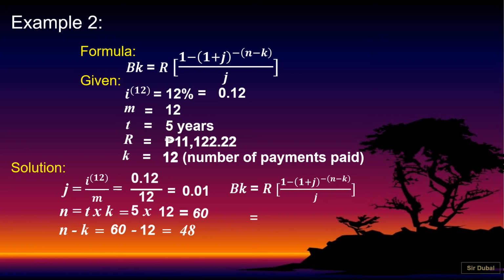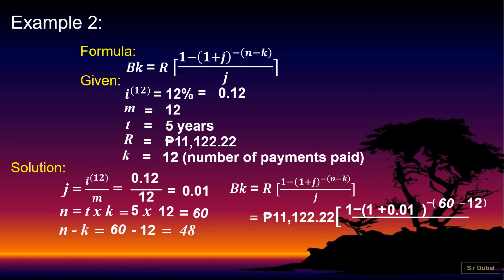For our letter R, we have the value 11,122 pesos and 22 cents times the quantity of 1 minus the quantity of 1 plus j, where j is 0.01, close parenthesis, then to the power of negative n, which is 60, minus the k, which is 12, then close parenthesis, all over j, which is 0.01, then close bracket.